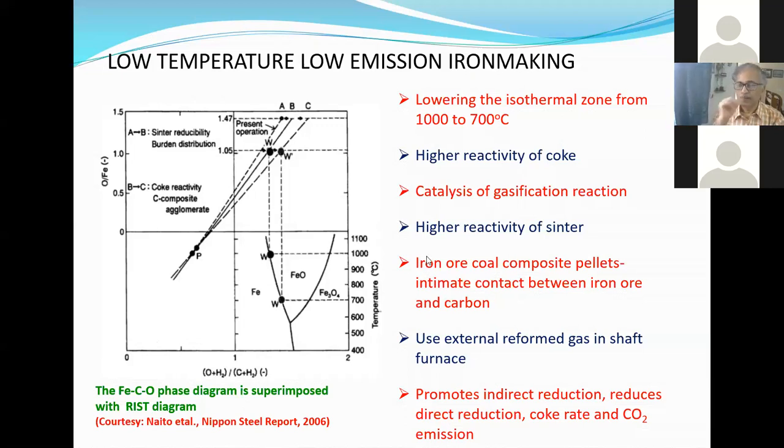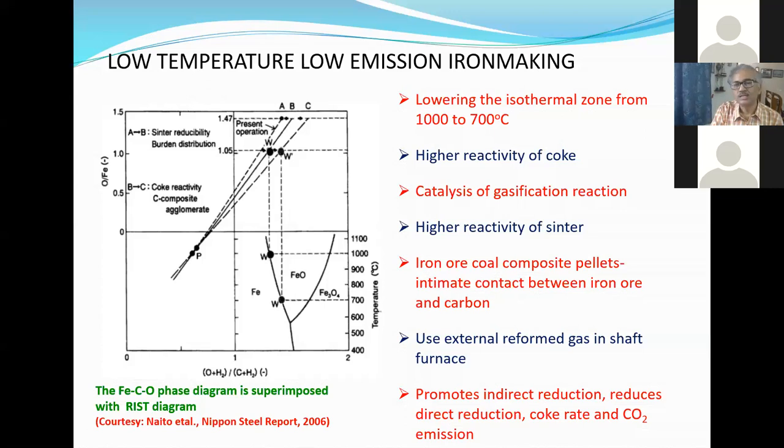So more than 70% CO should be in equilibrium with the wustite-iron, Fe-FeO equilibrium. That means more than 70% CO is required to maintain that equilibrium, so utilization of CO is low. If 70% is in equilibrium, your utilization of CO will be only 30%.